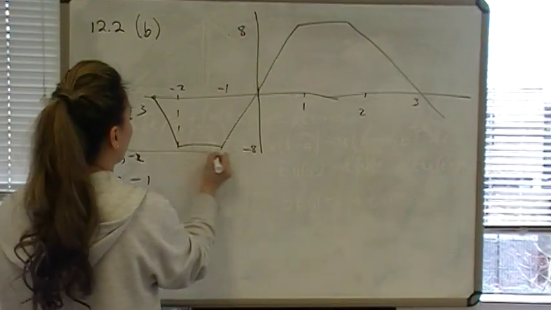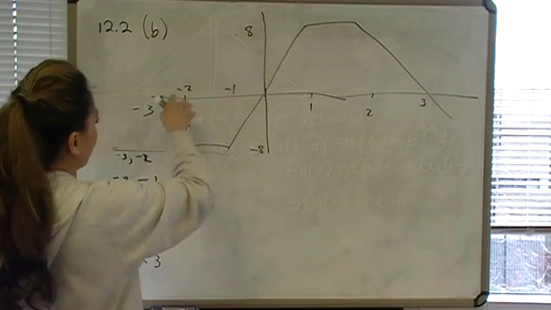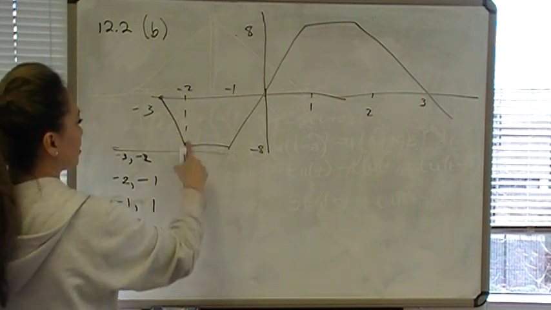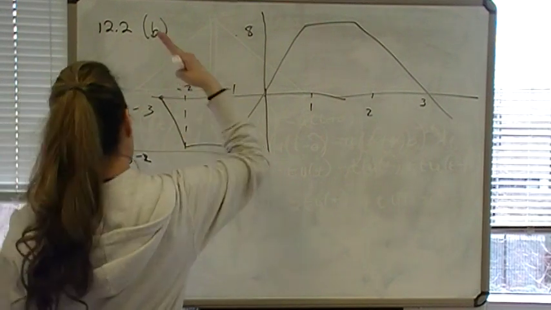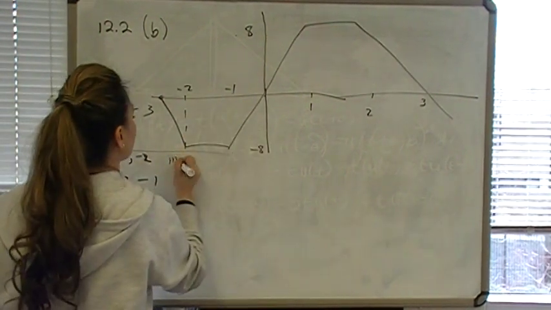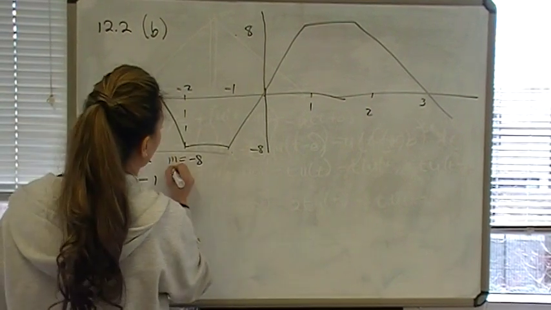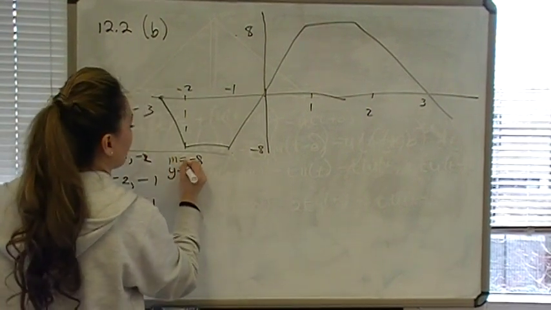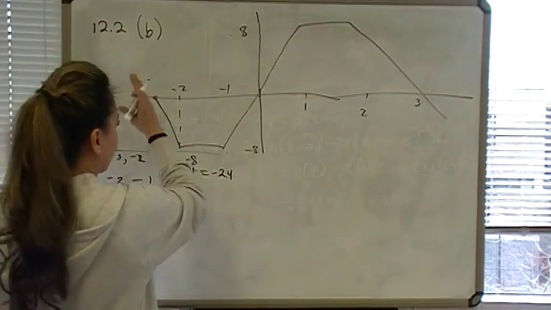So we have those intervals, and what we want to do is find the equation that describes it. So here you can see your rise is 8, and your run is 1, so your slope is going to be -8 because it's slanted this way. So m is equal to -8, and if you continue down there, your y-intercept is going to be -24. So that takes care of that piece.